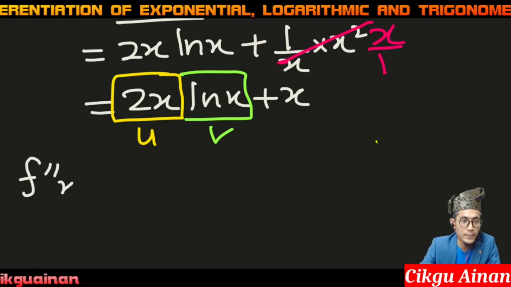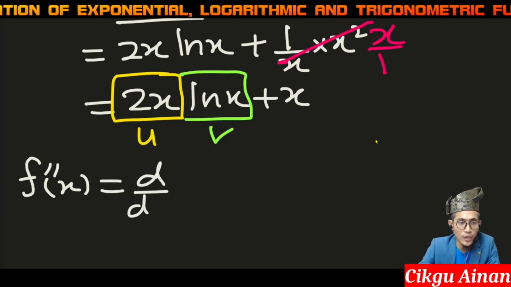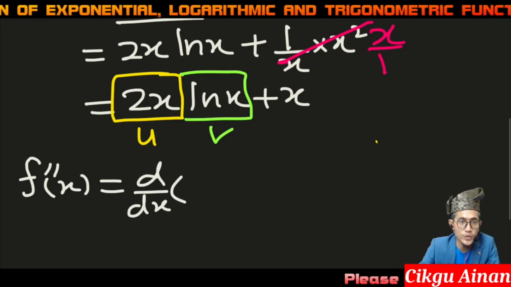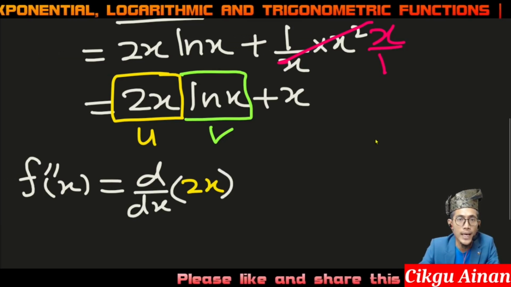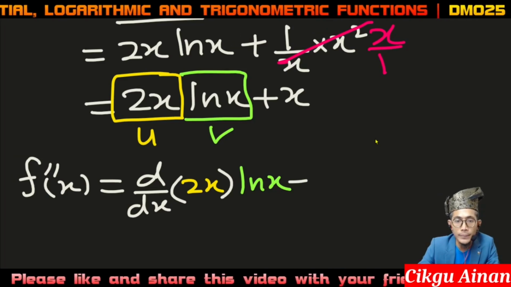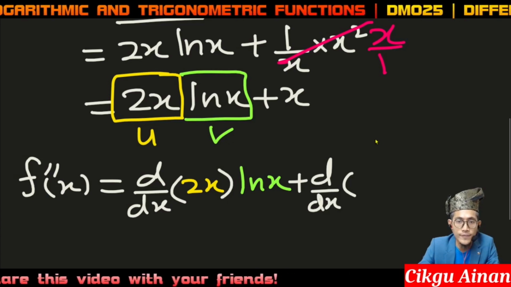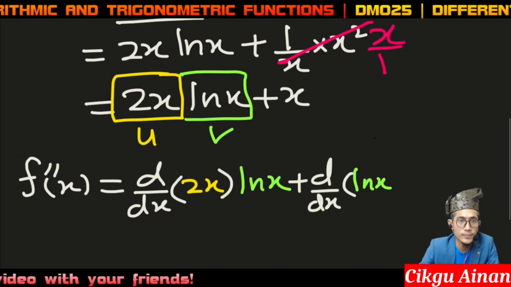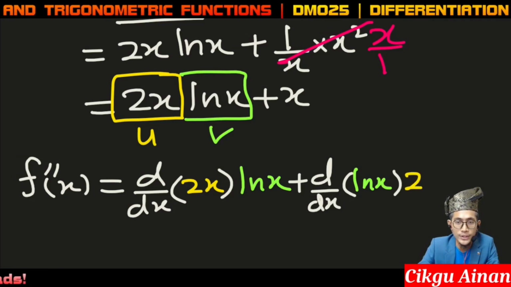So f double prime x is differentiation of u, what is u, 2x, multiplied by v, v is ln x, plus differentiation of v, ln x, multiplied by u, u is 2x.